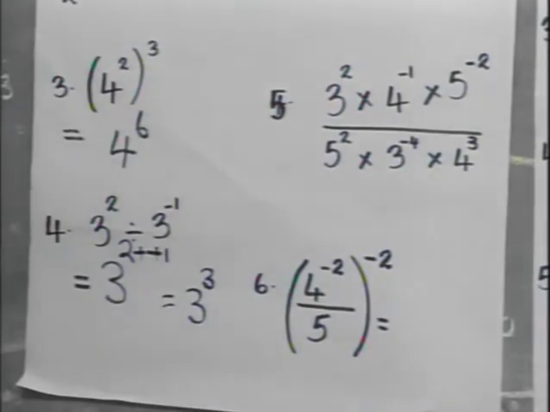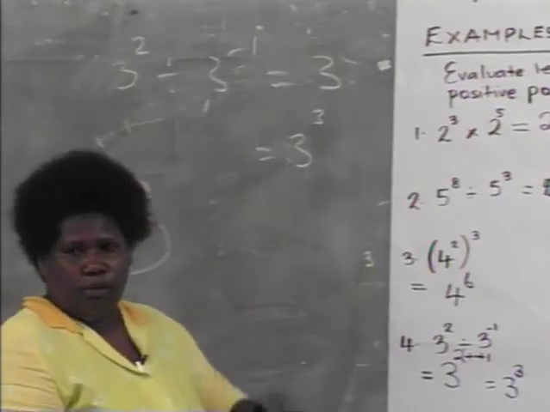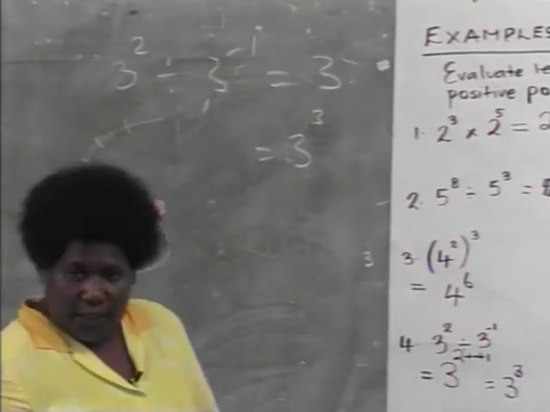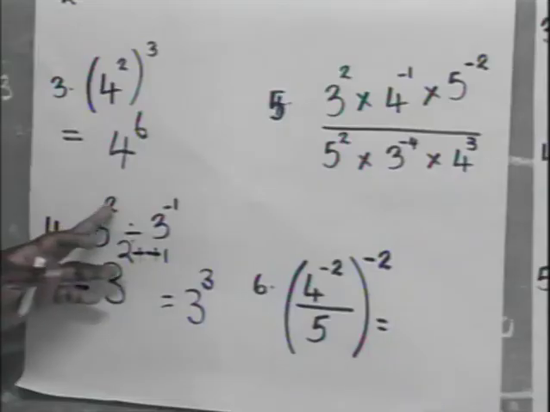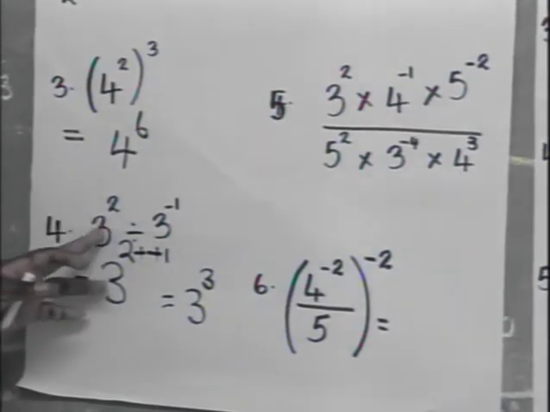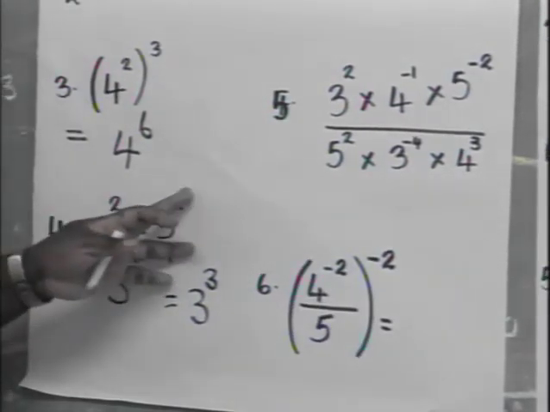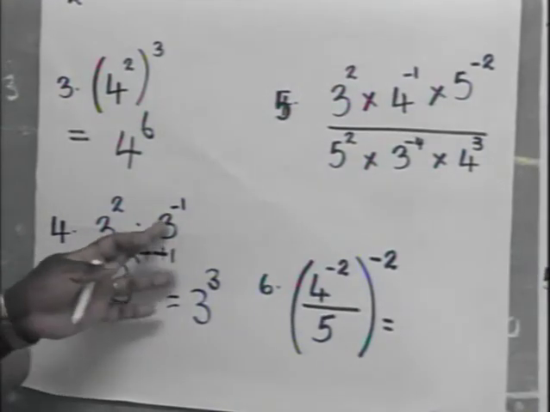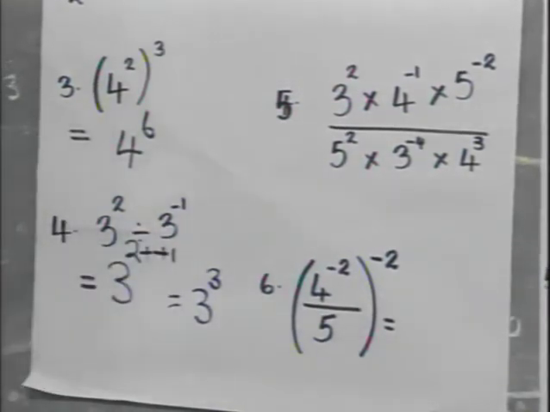So 3 cubed is correct and not 3. Don't forget, you're subtracting and not adding. If you are saying 3 to the power of 1, then it's 3 times 3 to the power of negative 1, not division, because when you divide, you're supposed to subtract.